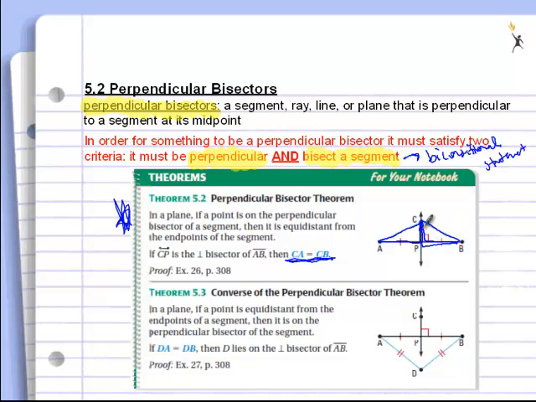Now, there are things about these two triangles that we see right away. One thing we see is that AP and BP are the same length, so they're congruent. We also see that both of these angles are congruent, or are 90 degrees, which means that they're congruent. There's one more thing. CP is in both triangles.